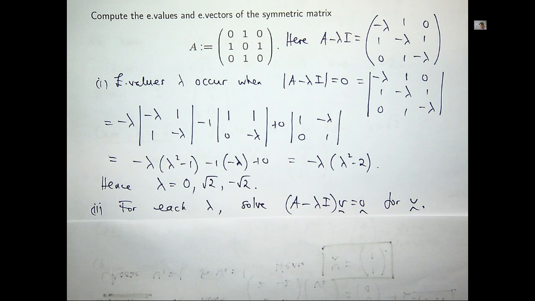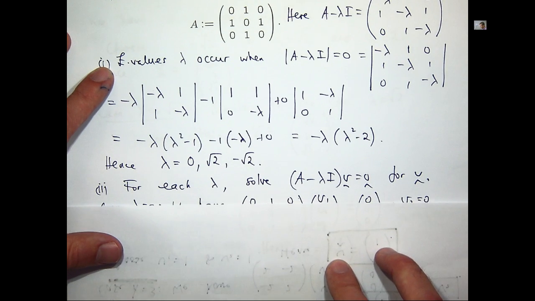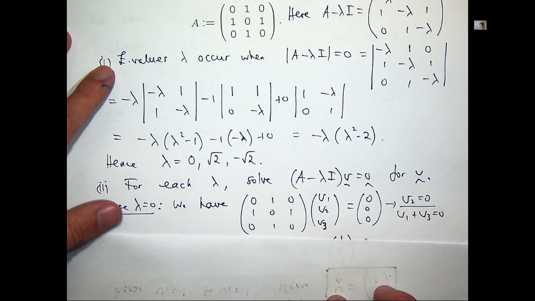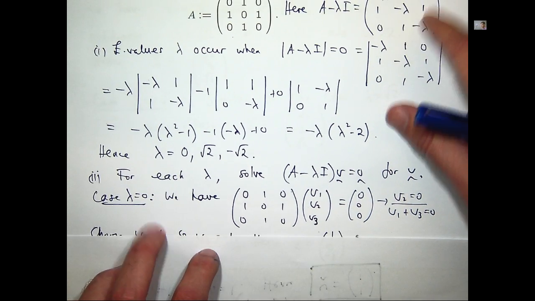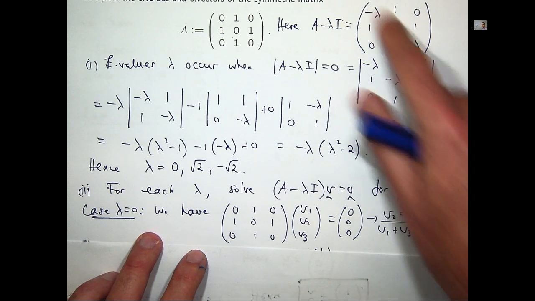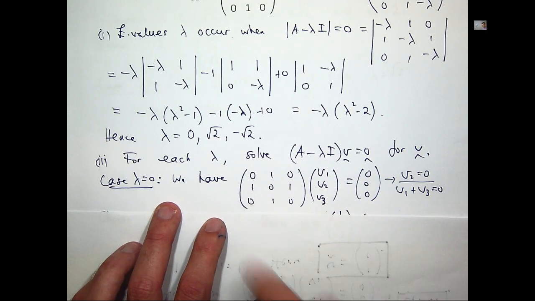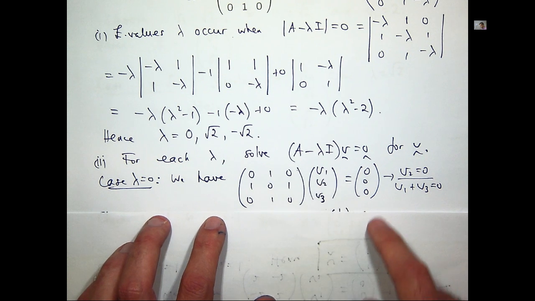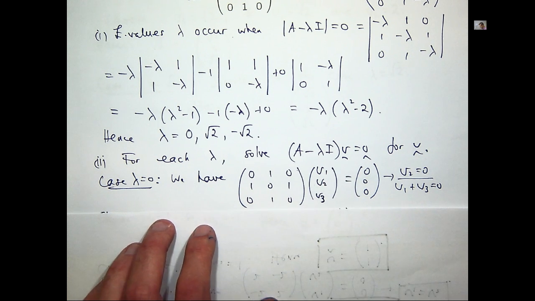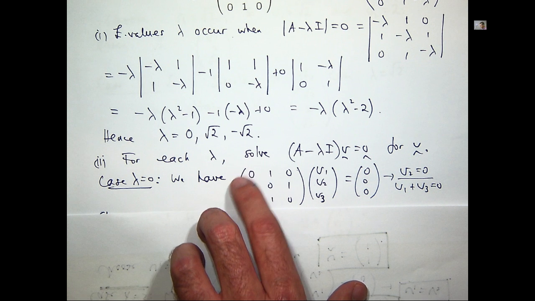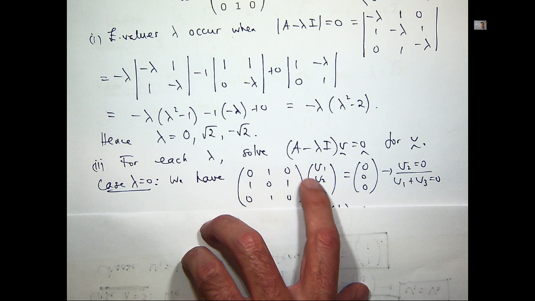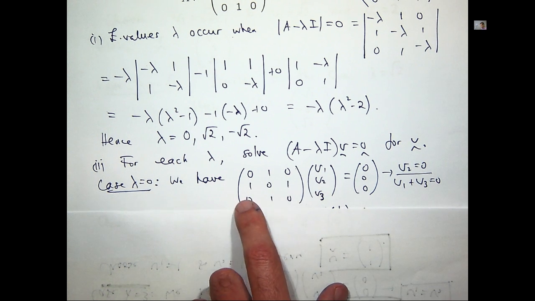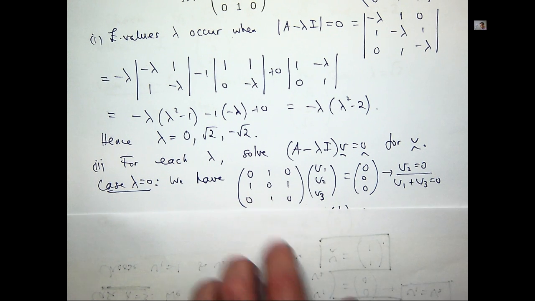So that's the idea. So let's discuss the case lambda equals 0 first. Okay, so if lambda equals 0, I can go back up here and replace lambda with 0. So that's my coefficient matrix. And essentially what I want to do is try to calculate v1, v2, v3. So if I look at the first row, 0 v1 plus 1 v2 plus 0 v3 equals 0. Well, that tells me that v2's got to be 0. The same with the bottom row. That tells me v2's got to be equal to 0.